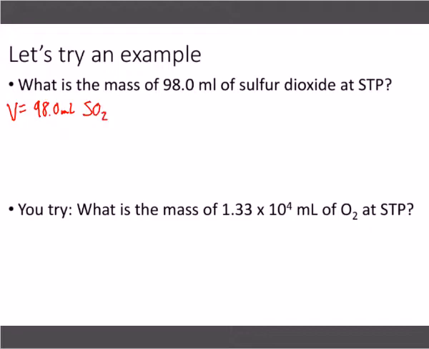SO2. Now, what's another important piece of information here? We want to know the mass, so we're trying to figure out mass. What's another? Yeah, STP, guys. Right away, when you see it's at STP, that means that we can use 1 mole equals 22.4 liters.